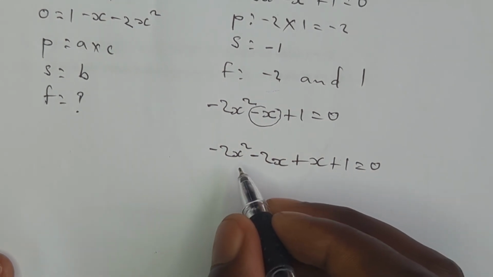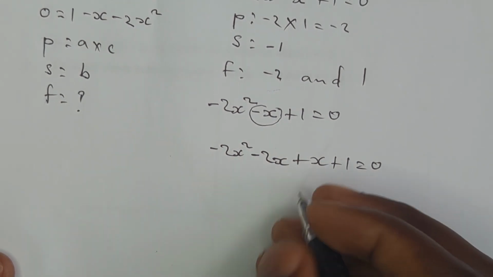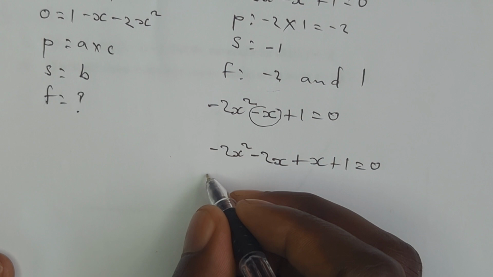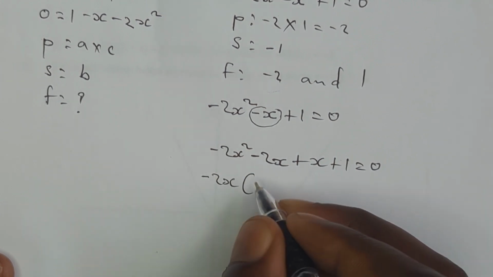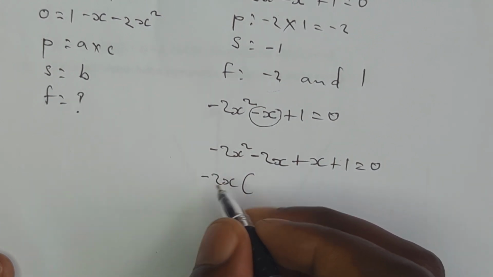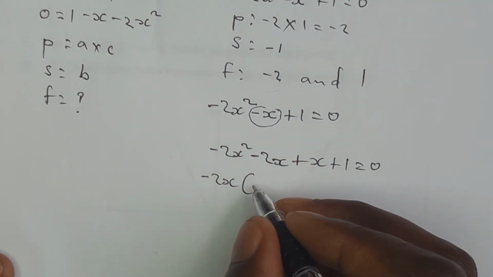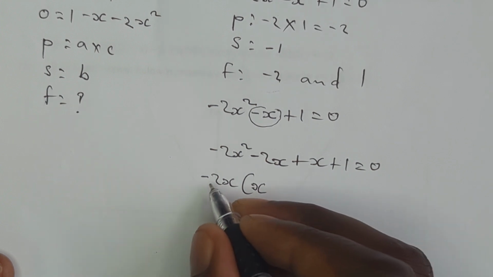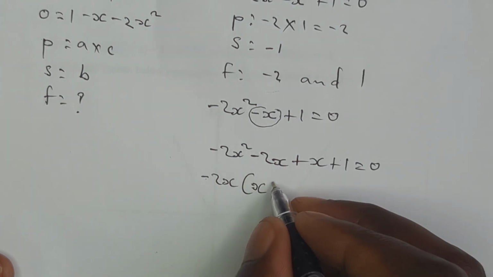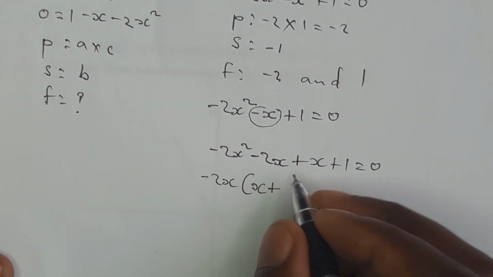So here we factor out what is common. Here what is common is -2x. So -2x into -2x squared, we are going to remain with x. Negative into negative is positive, 2x into 2x is 1.